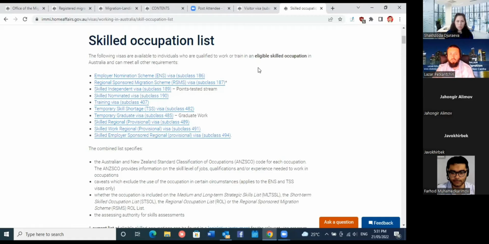So in a nutshell, just to summarize, if you are not in Australia and you want to move to Australia with your whole family, you need to have a profession or a skill if you want to use the skilled pathway, okay? And then there's a lot of visas that relate to that.